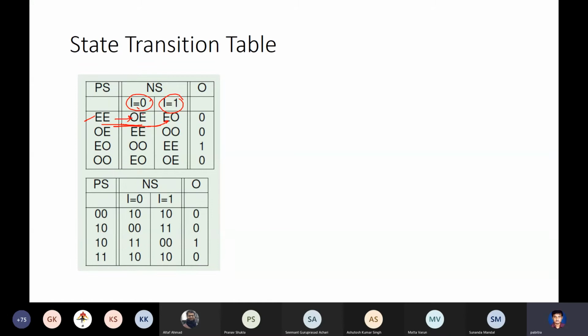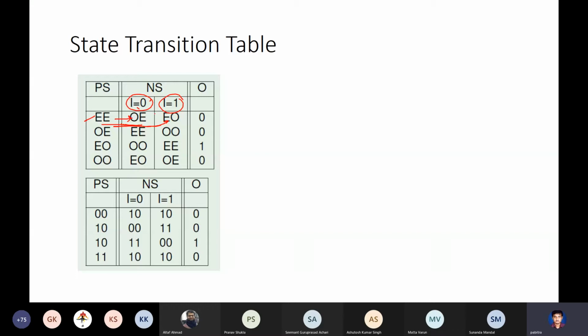So what this table basically means is that if your present state is EE, and you receive an input of 0, meaning your next bit in the stream is 0, you move to state OE. If your next bit in the stream is 1, you move to state EO.